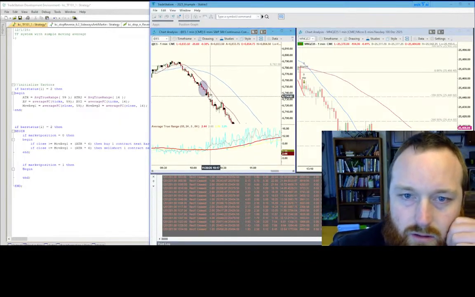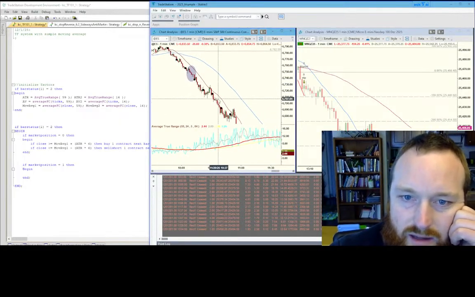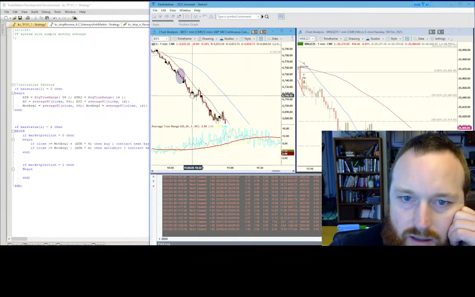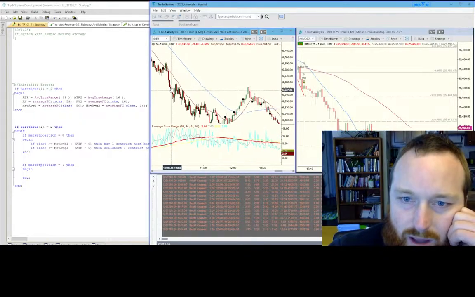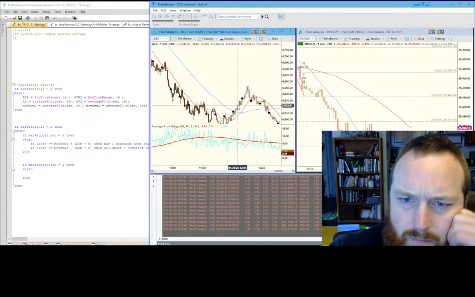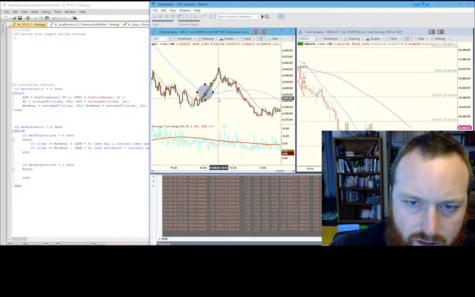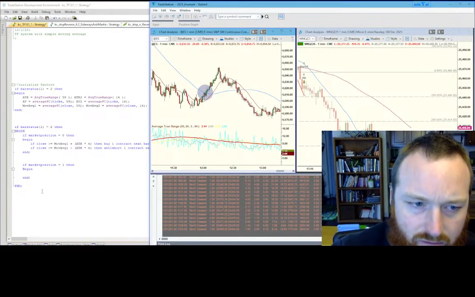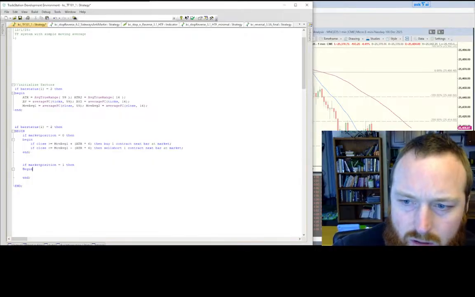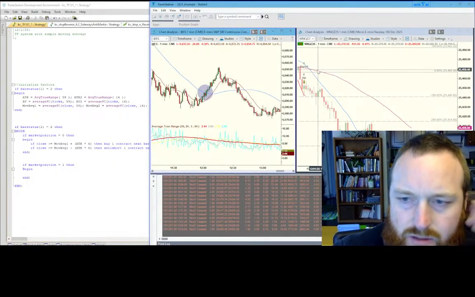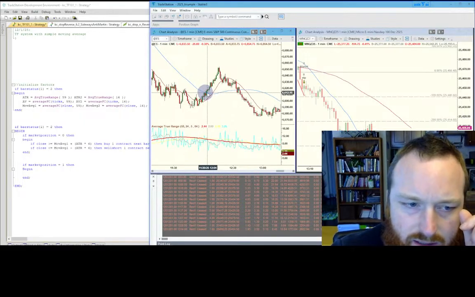Anyways, so if ever the price gets above the moving average, so we'd be short at this circle, right? If it ever gets above that moving average, like here, boom, we would get out. So in this case, I'm going to use a stop order on the moving average instead of a market order, because I don't want a massive bar to happen and then we get out at the close. We want to get out as soon as that is touched.